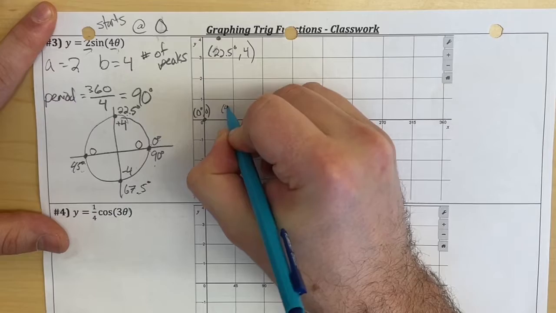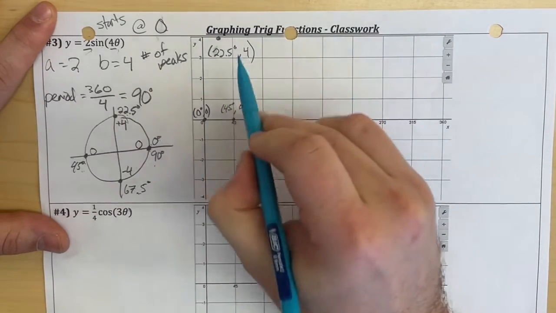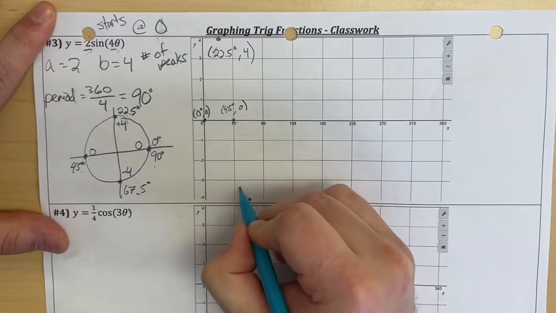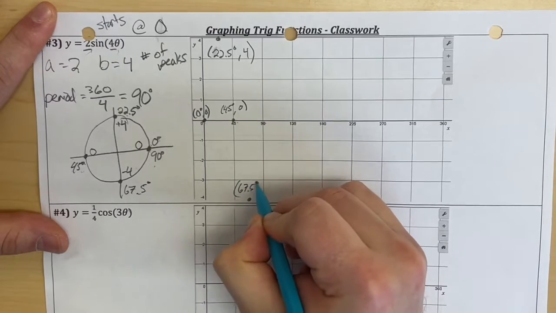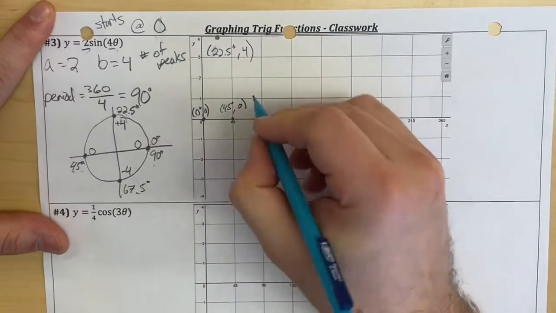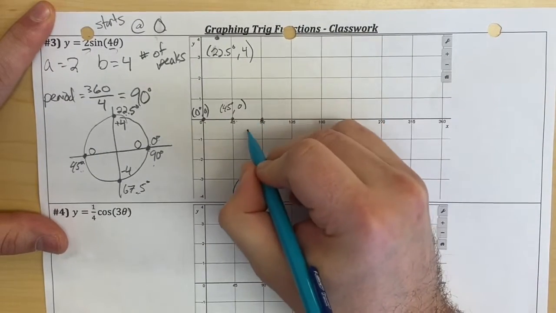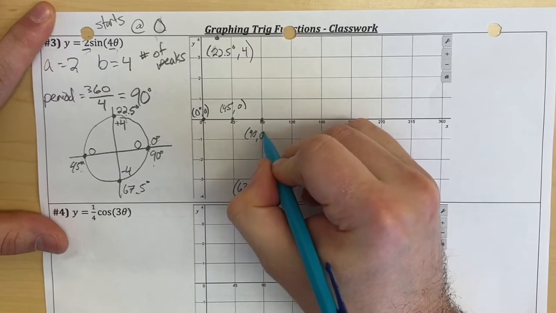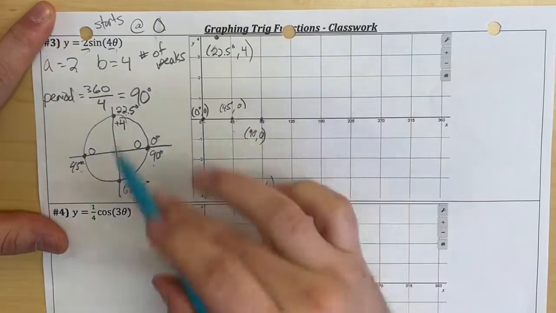So I go down, keep going down, so at 67.5 degrees, I have negative 4. And now I go back up to my starting point. Again, start and end point have to have the same y value. So I have 90 degrees as 0. And so notice I have those 5 points, and then I repeat myself.